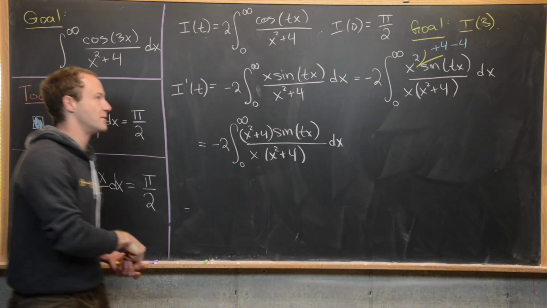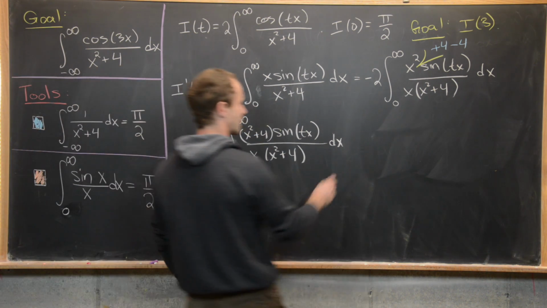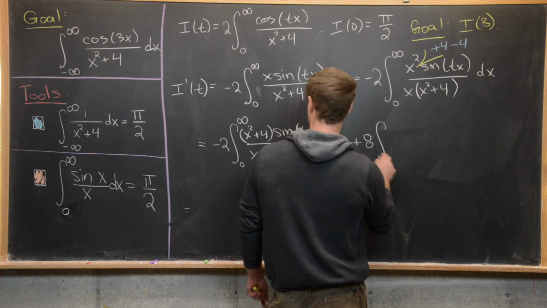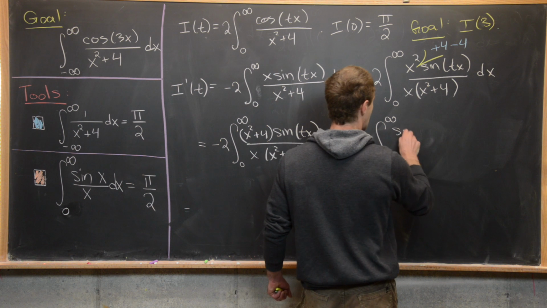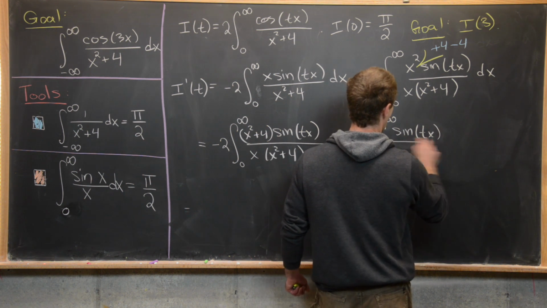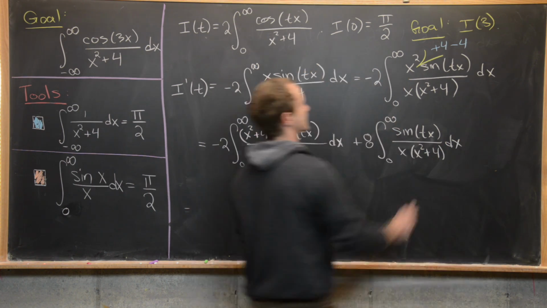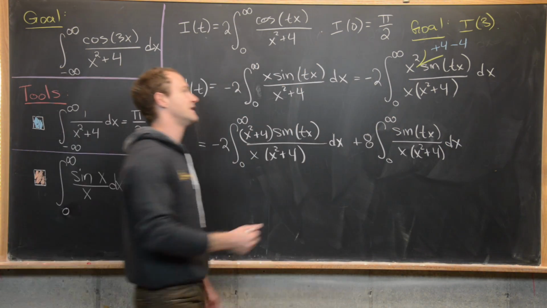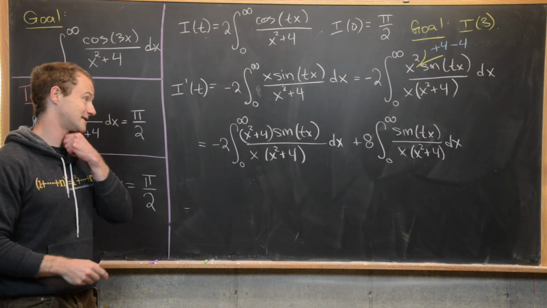So that's what we get from the plus 4 part. And then from the minus 4 part, we'll get plus 8 times the integral from 0 to infinity of sine tx over x times x squared plus 4 dx. Good. So again, that's from the minus 4 part where we combined it with the minus 2 to get a plus 8.